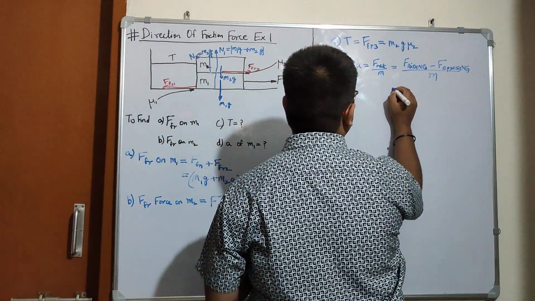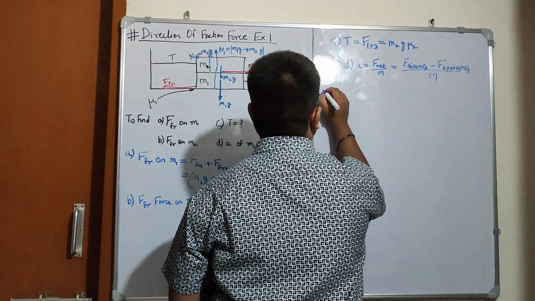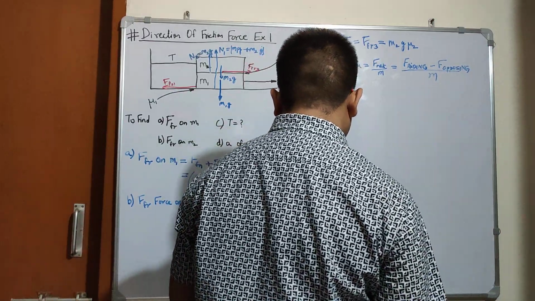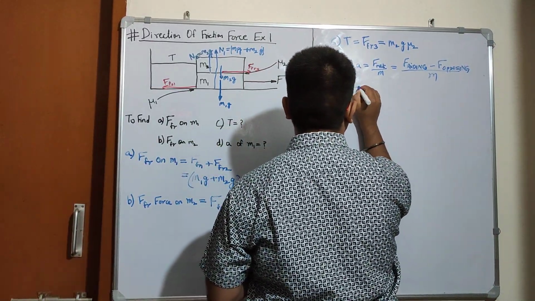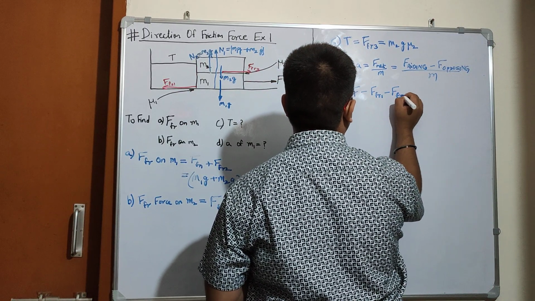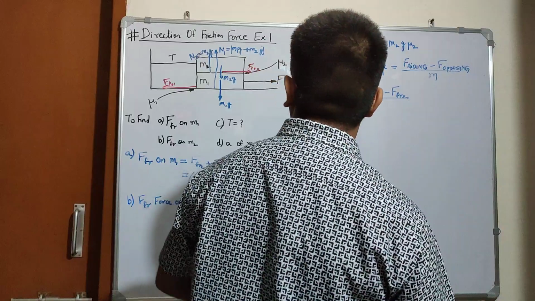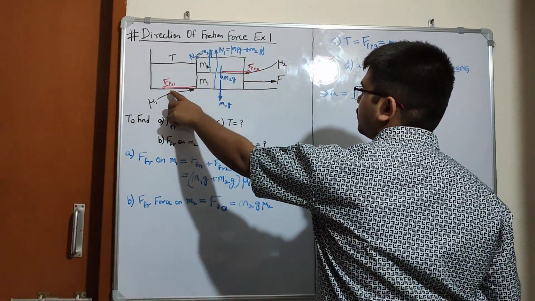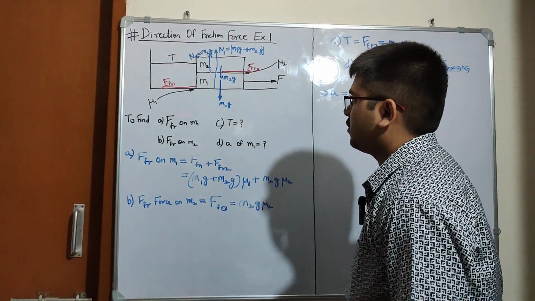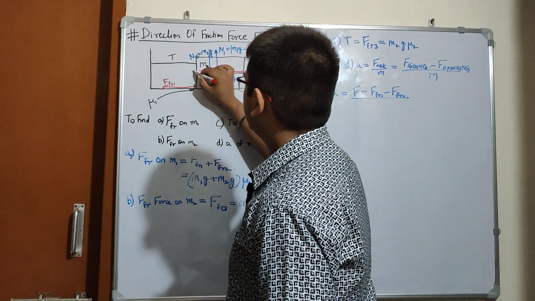So here we have F aiding. This implies acceleration equals F minus FR1 minus FR2. So we have force F in this direction and friction force in this direction. So this is our FR2.